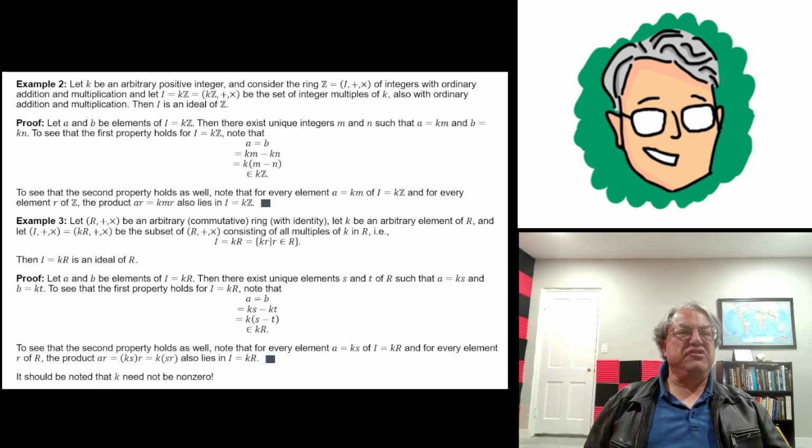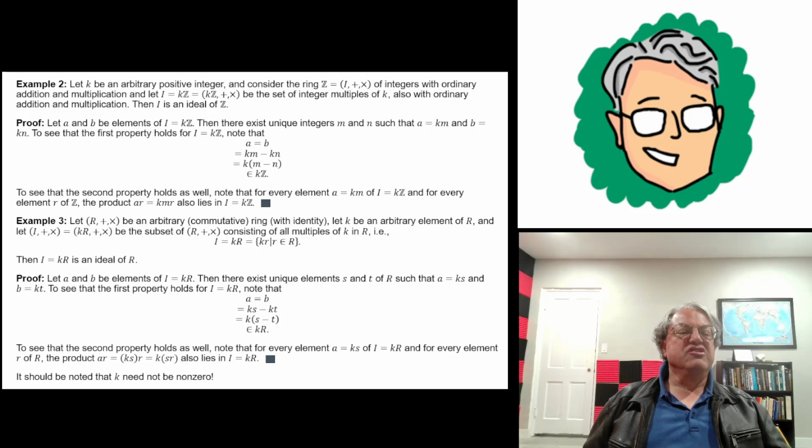And for the second property, we start with an element A equals KS of KR, K times capital R, and we multiply that by an arbitrary element little r of capital R, and we get KS times r, which we can also write as K times SR because of the associative property of multiplication, and that is indeed an element of K times capital R. It's an ideal element.